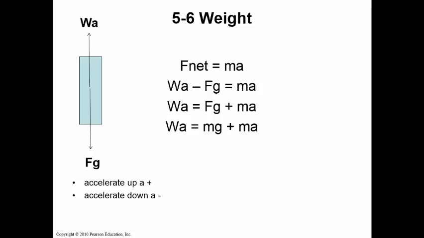So WA plus negative FG, or WA minus FG, is equal to ma. And if I wanted to find my apparent weight, I would solve this for apparent weight, and it would be equal to the weight plus ma, or mg plus ma.